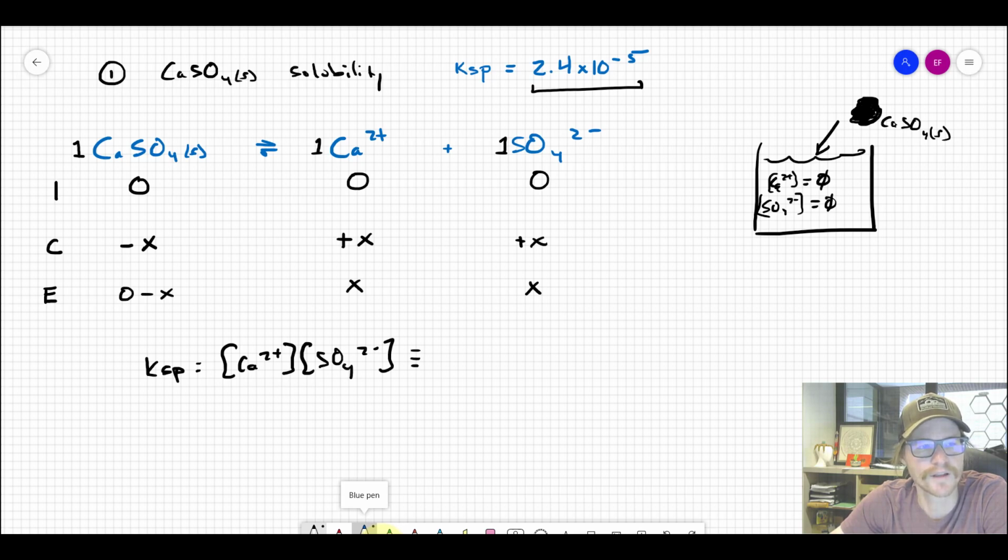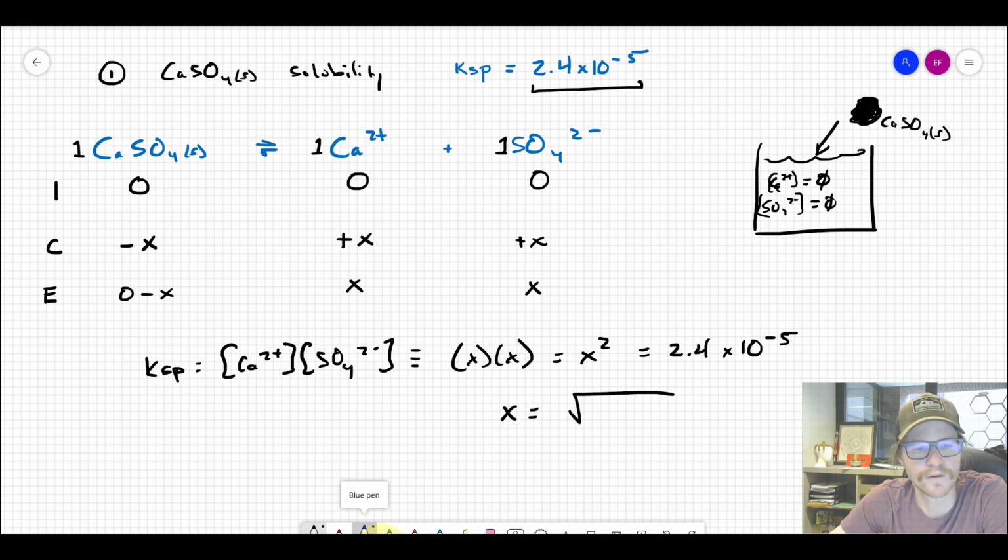So this whole thing is going to equal X times X equals X squared equals our KSP, which is 2.4 times 10 to the minus 5. So if I take the root of both sides, I'll say X is equal to the square root of 2.4 times 10 to the minus 5, which if you compute this value, comes out to be 4.9 times 10 to the minus 3, and we're talking units of concentration because that is the expression we're using.